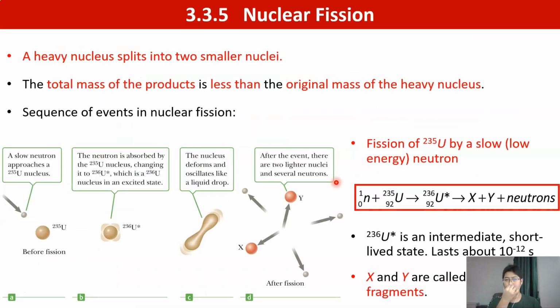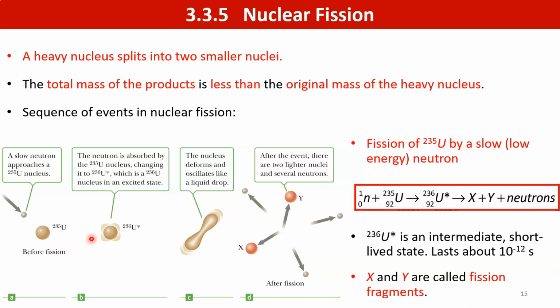So this is nuclear fission. A heavy nucleus splits into two smaller nuclei. The total mass of the products is less than the original mass of the heavy nucleus. The sequence of events in nuclear fission: you can see here the uranium-235 before the fission.